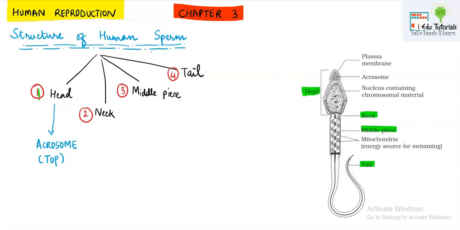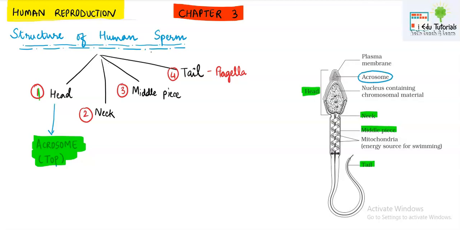Tail is long because it contains flagella, and because flagella is present as a tail, that is why sperms are the motile gametes. Now another important thing is that the head on its top contains a structure which is known as acrosome, and here is the acrosome.